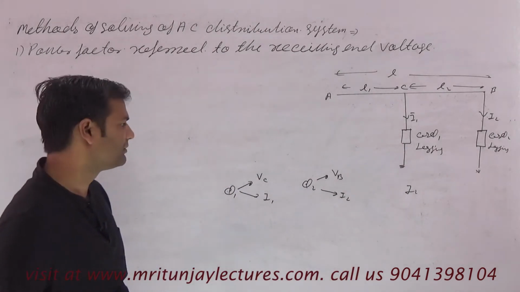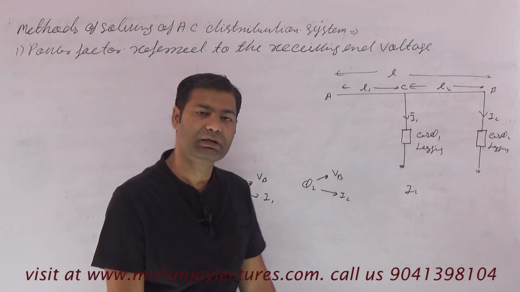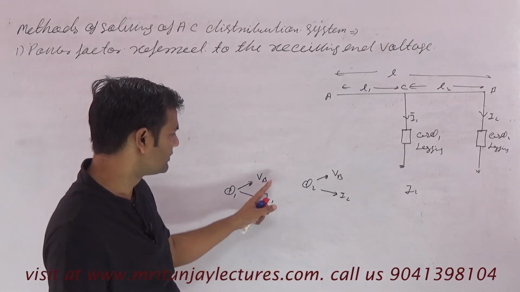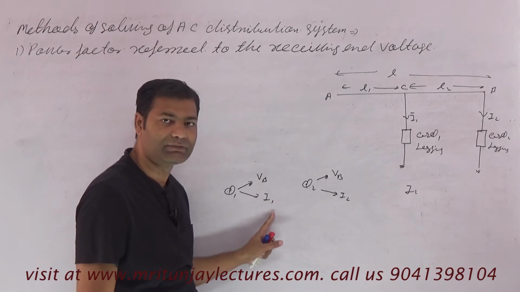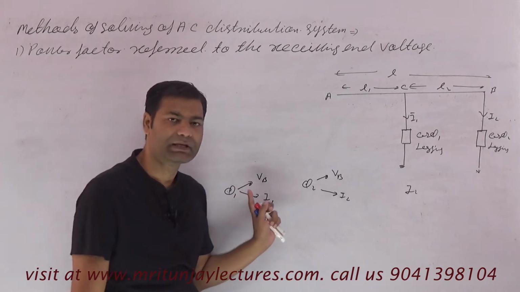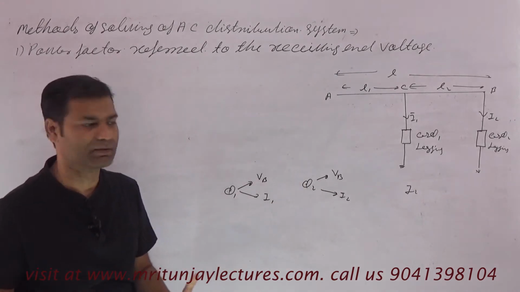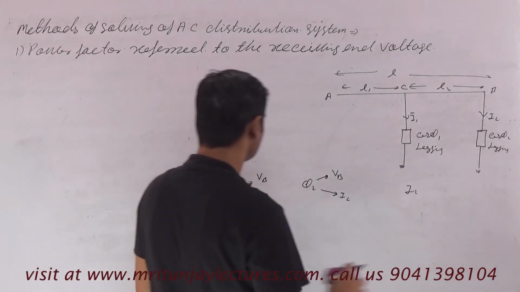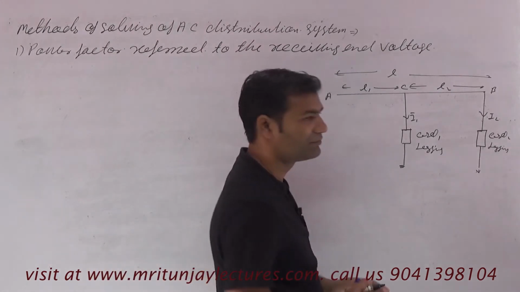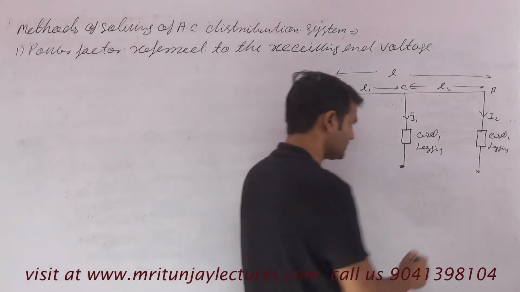But here I have discussed VB for both, means the power factor corresponding to VB and I1. First one, the angle between VB and I1 is phi 1, and phi 2 is between VB and I2. Simple. Okay, so two possibilities are generated here. So how can we resolve it? After that we will discuss a problem, after completing this one.